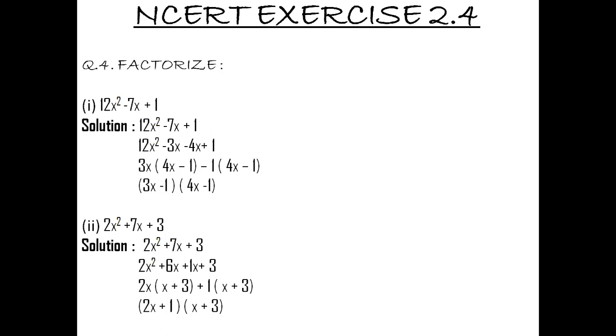The second question is 2x squared plus 7x plus 3. What is the first step? The first step is to multiply the numerical coefficient of the first term and the last term. So here 2 gets multiplied with 3 and gives you 6.